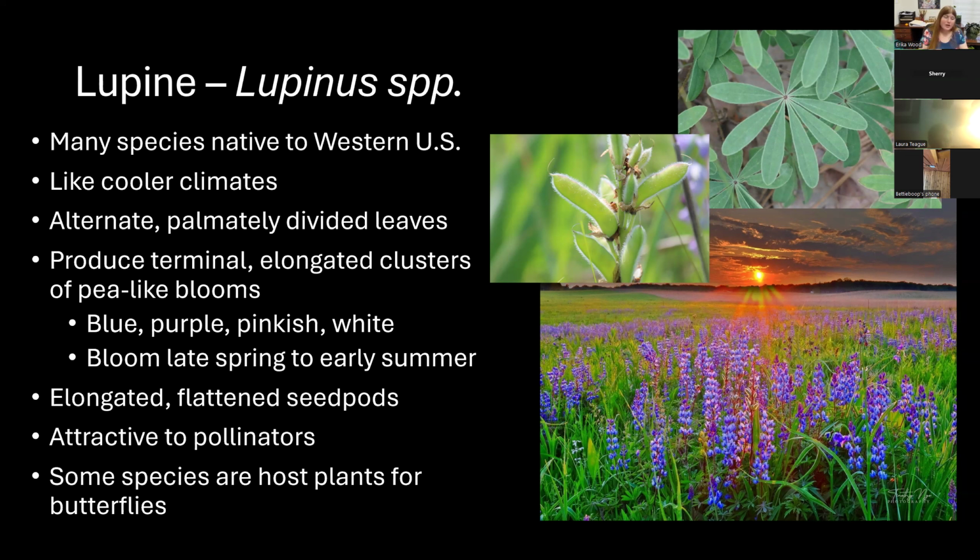Generally, lupine like kind of more cooler climates, but some cultivars will do fine here in Kentucky as an ornamental. A lot of these are native actually to the U.S., kind of more western U.S., more west of the Mississippi region.